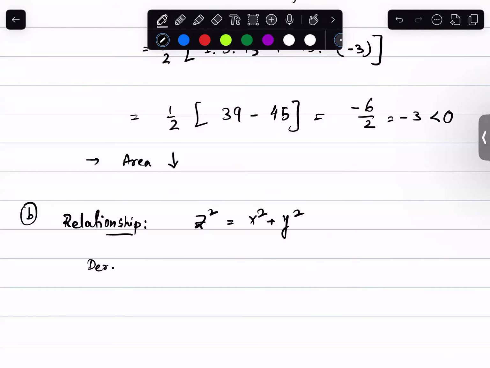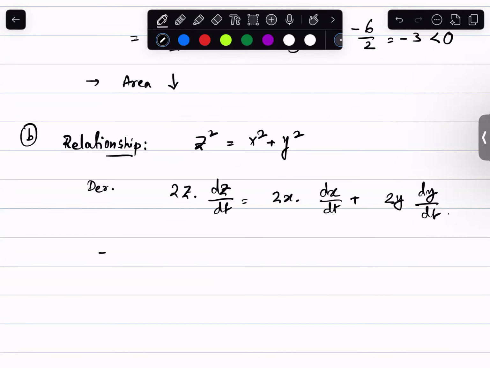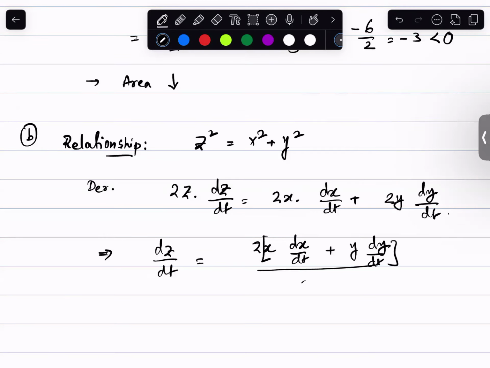If I take the derivative, I get 2z dz/dt to be 2x dx/dt plus 2y dy/dt. By now we should be familiar with this. Then I divide by 2z, and I can factor out 2 over 2z. The 2 gets cancelled.